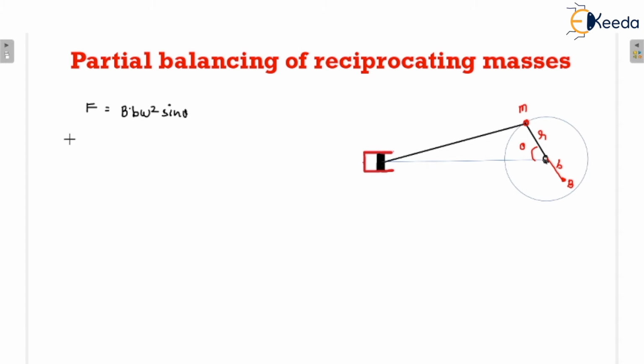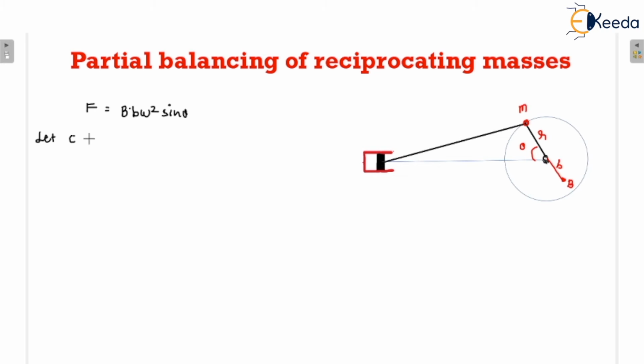But when we considered full balancing, we got the relation that B b is equal to M R. You have seen in the last topic that we got the relation B b is equal to M R. But now we are not doing complete balancing, we are doing partial balancing. So B b would be equal to c M R, where c is the fraction of the reciprocating mass to be balanced.